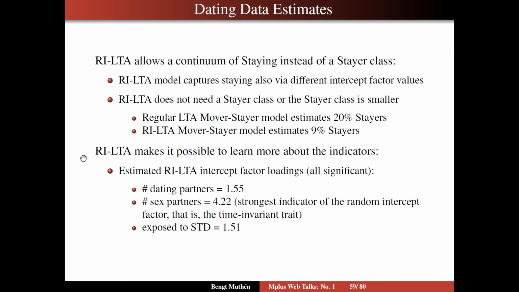The estimated RI-LTA intercept factor loadings, in this case, they're all significant and positive, are as follows for the three items, where you see that the number of sex partners has the largest factor loadings. So it's the strongest indicator of the random intercept factor, that is this time invariant trait. So in terms of stable, across time stable traits, number of sex partners is the key indicator.